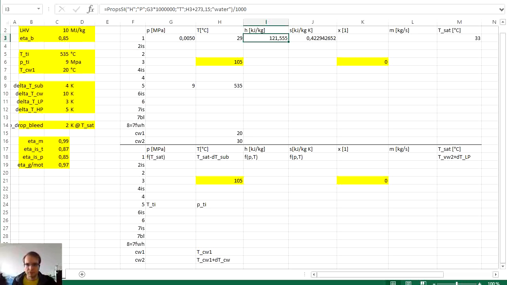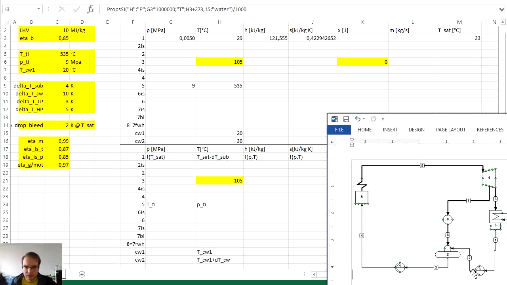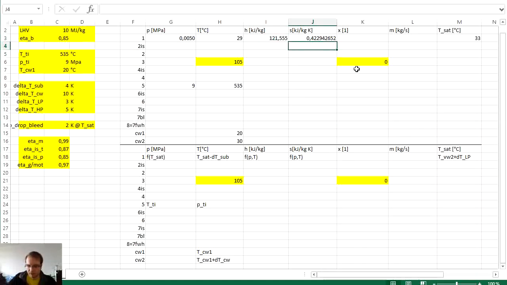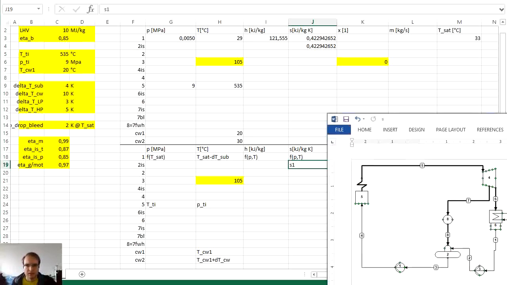Now the point number 2, it's the pump, so we have the process from 1 to 2 isentropic. That means the entropy will remain the same. Entropy at point number 2 is the same as entropy at point number 1. And that's all we can specify for now, because we will need to get the pressure.